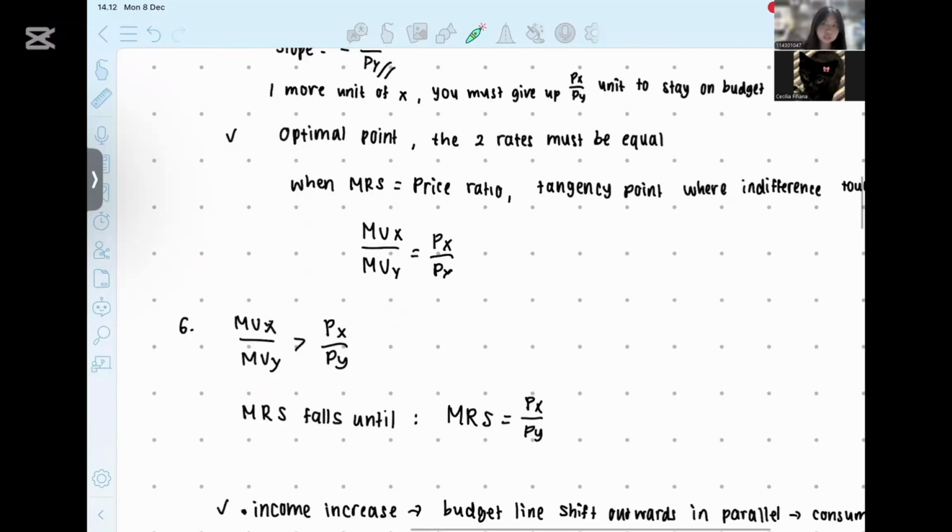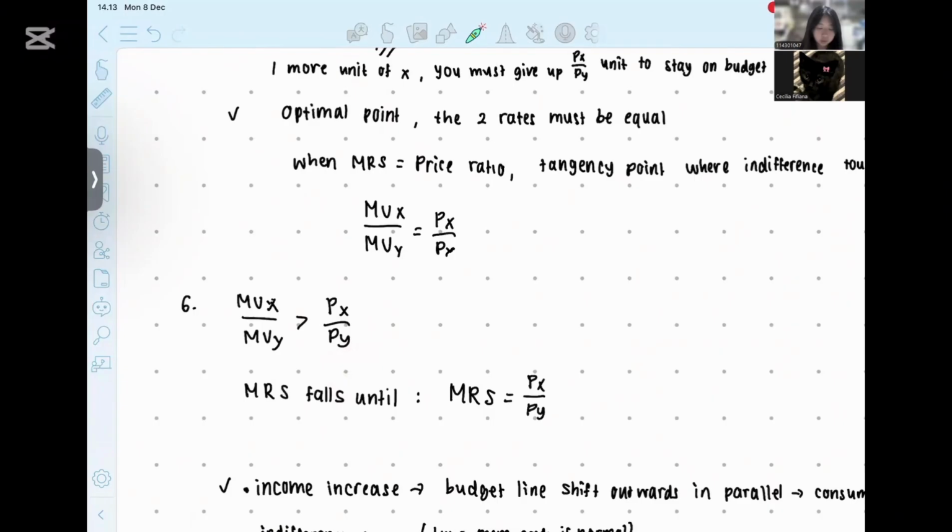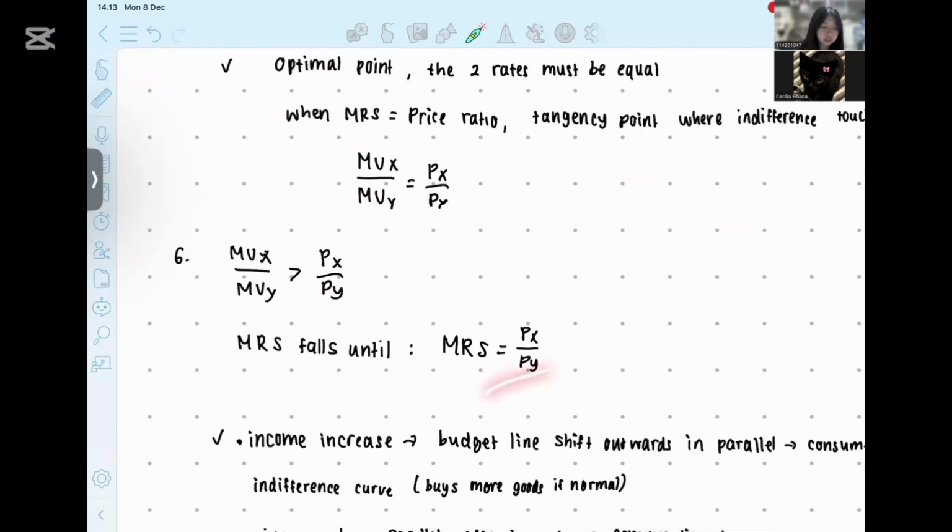Which also means that the consumer will get more utility per dollar from x, so they will buy more x and less y. And as they adjust, the MRS will fall until MRS equals px per py, like that, which will also restore the optimal tangency.